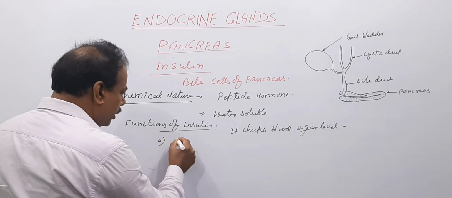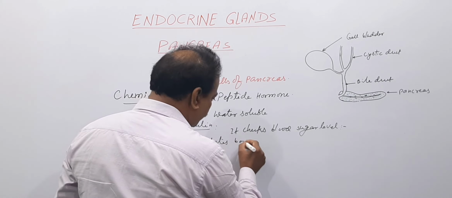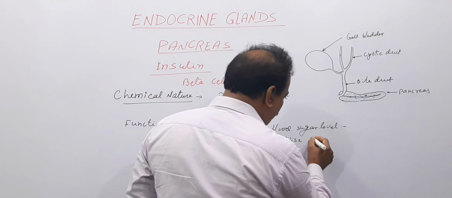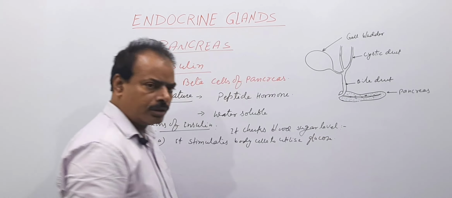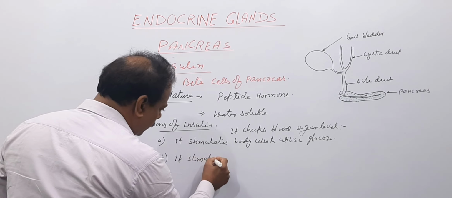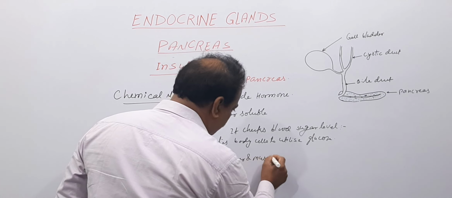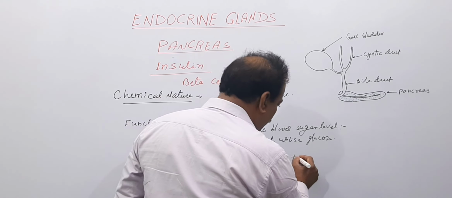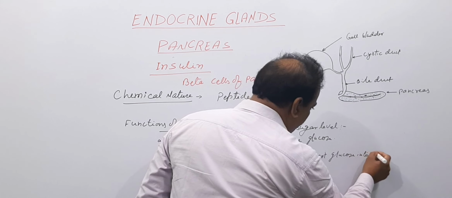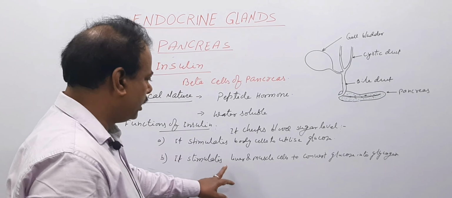Number one, it stimulates body cells to utilize glucose, and number two, it stimulates liver and muscle cells to convert glucose into glycogen, which is stored in the liver and muscle cells.